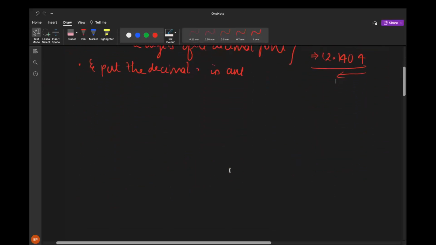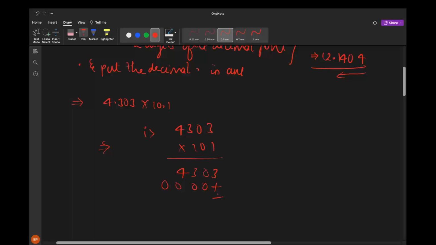Let me take another example for better understanding. 4.303 into 10.1. What will we do first? First step, normal multiplication. 4303 into 101. Normal multiplication of the digits. How much does it come? 1 3 is 3, 0, 1 3 is 3, 1 4 is 4. 0 with multiplication will get 0 0 only.